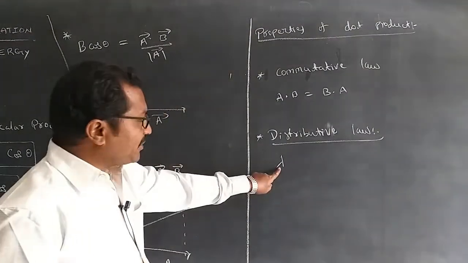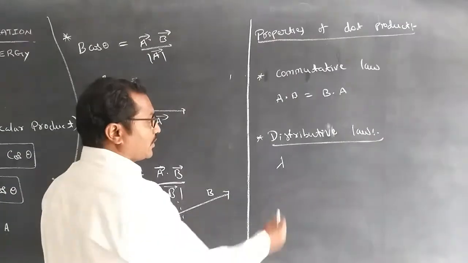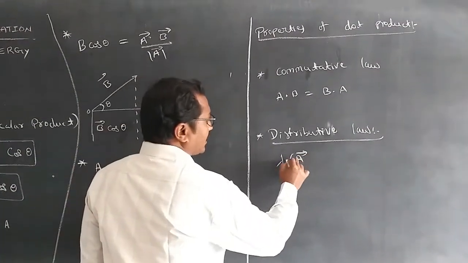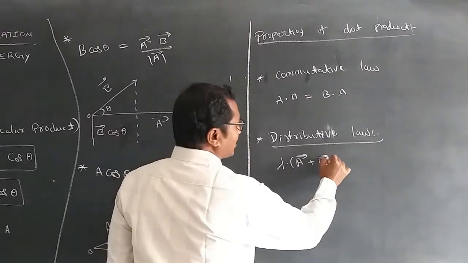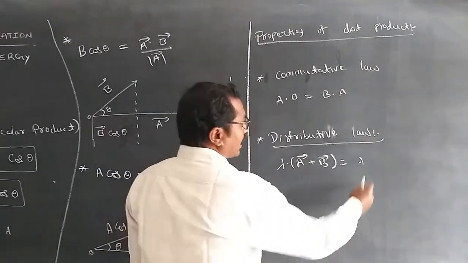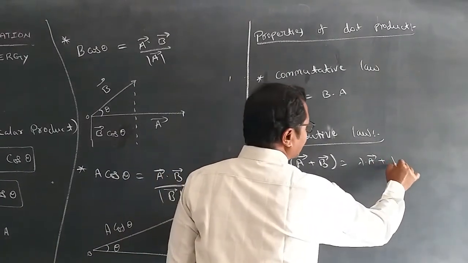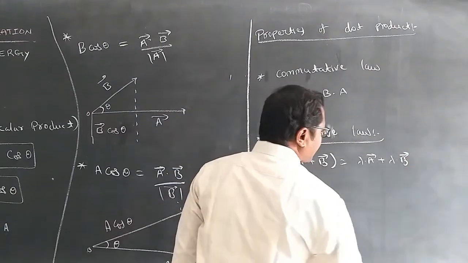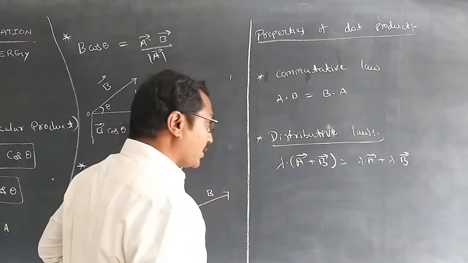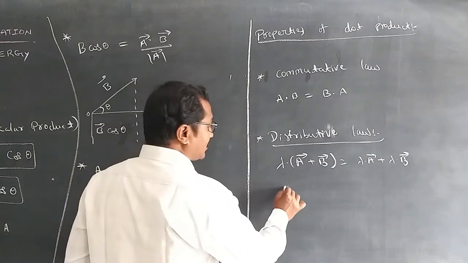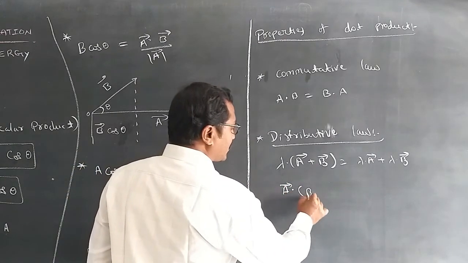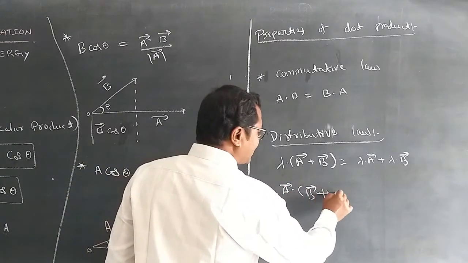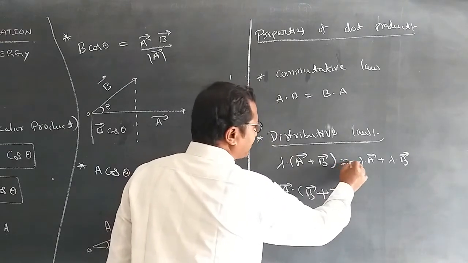Now see here, let us consider this lambda is one of the real numbers. Okay, right. Now lambda dot of A plus B is equal to lambda dot A plus lambda dot of B. In this way we can say. And one more case we can take, that is A dot of B plus C, in the vector form I am taking.